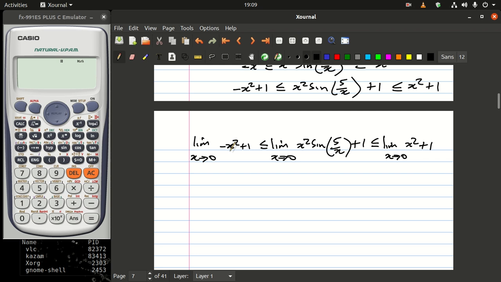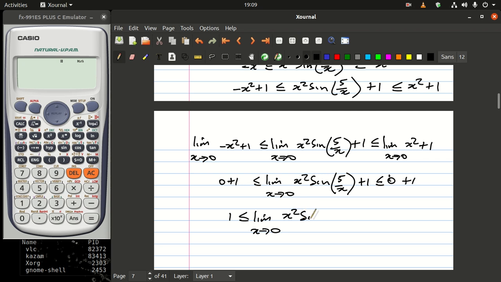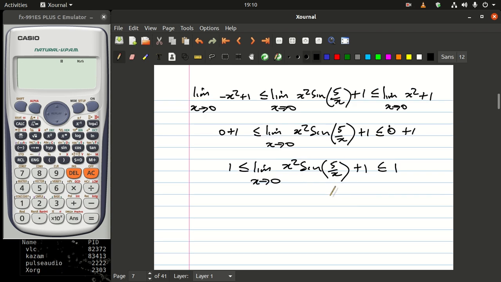So if I plug in a 0 here, I will get 0 squared plus 1, so I'll get 0 plus 1, which is just 1, must be less than or equal to the limit as x approaches 0 of x squared times sine of 5 over x plus 1, less than or equal to, if I plug in here, 0 plus 1, or 1. So 1 is less than or equal to the limit of x squared sine of 5 over x plus 1, less than or equal to 1. So the number between 1 and 1 is just 1.